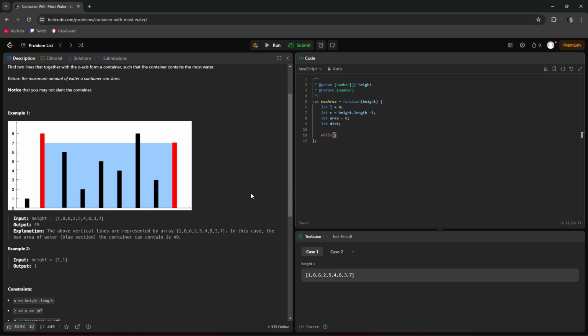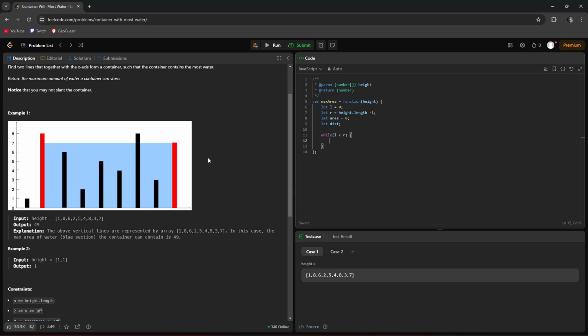And since we're moving them closer together, while L is less than R, once this comes in to this height or something, we're not going to go to the other side.